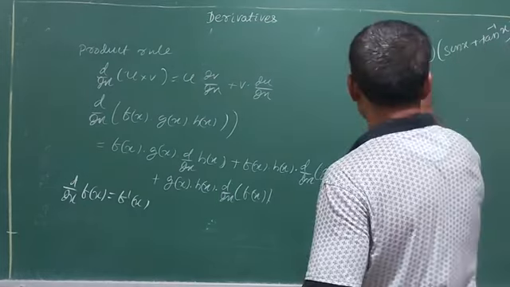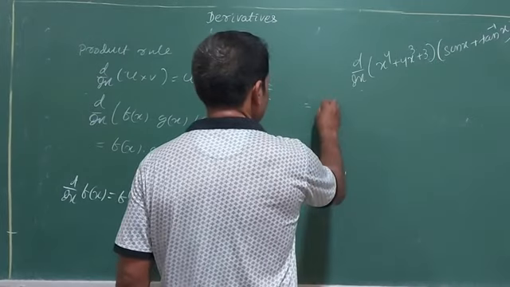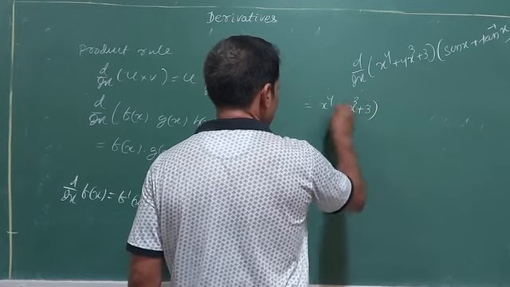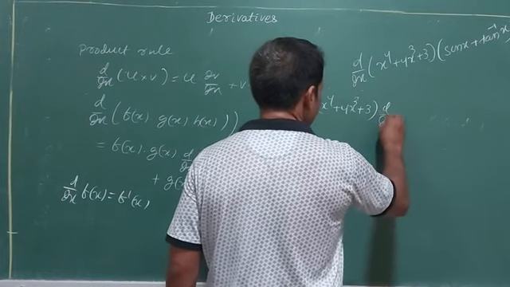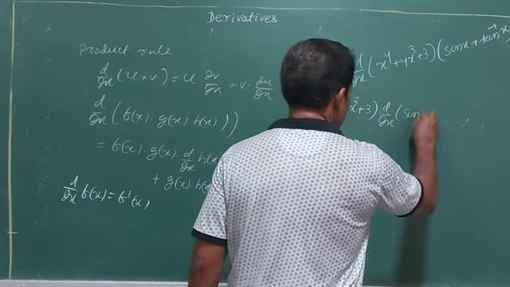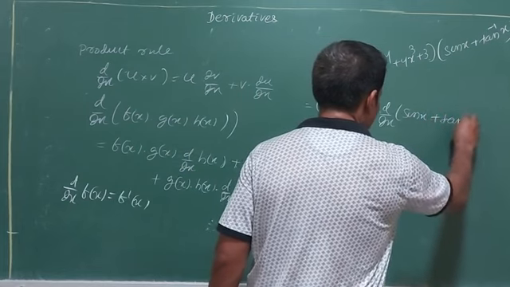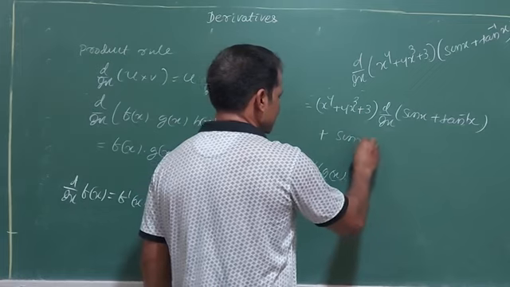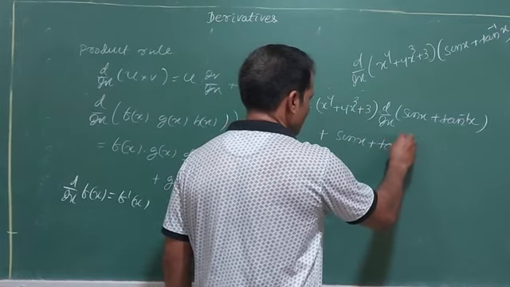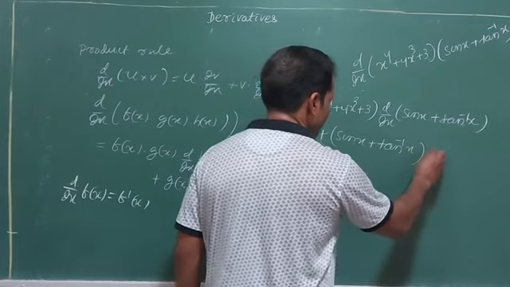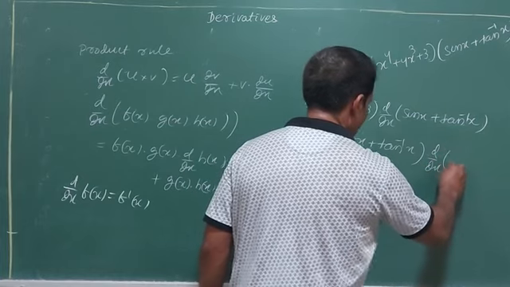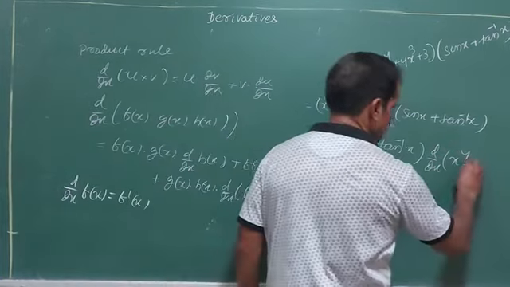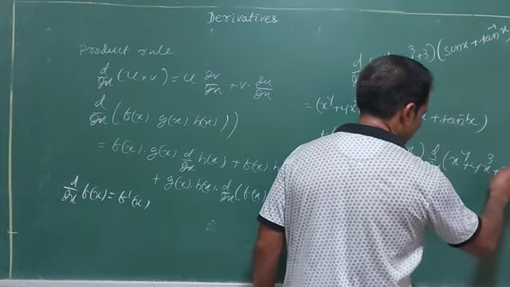So I write x to the power 4 plus 4x cube plus 3 into dy/dx of sin x plus tan inverse x, plus sin x plus tan inverse x into dy/dx of x to the power 4 plus 4x cube plus 3.